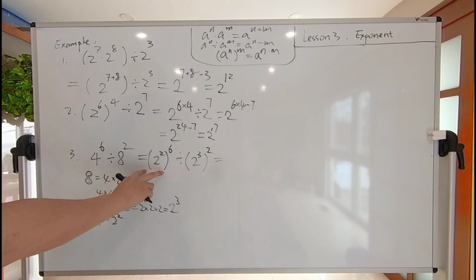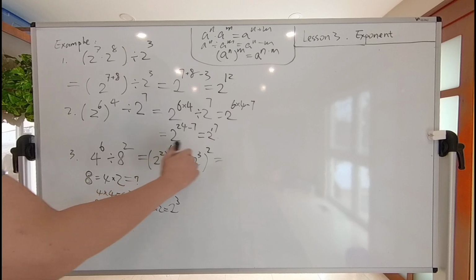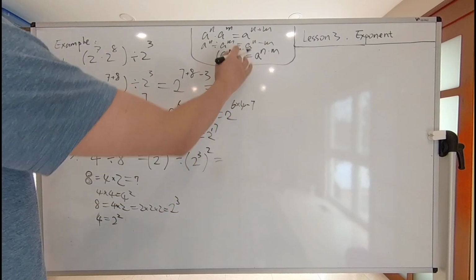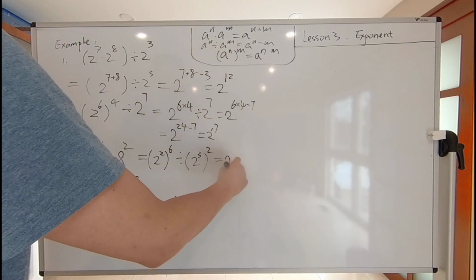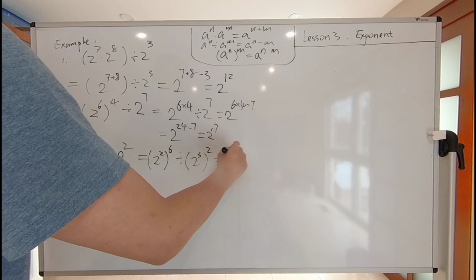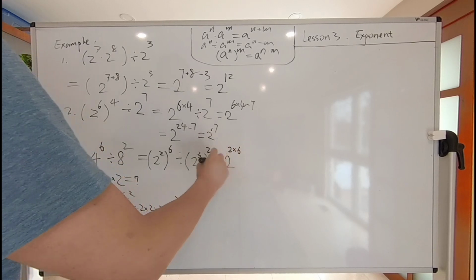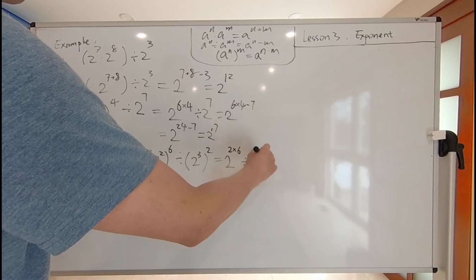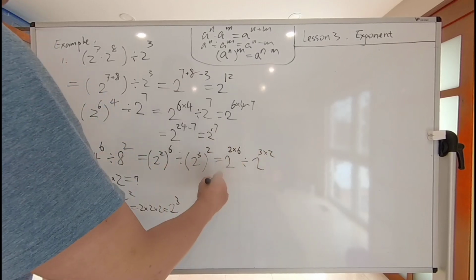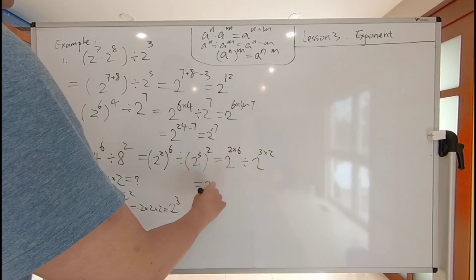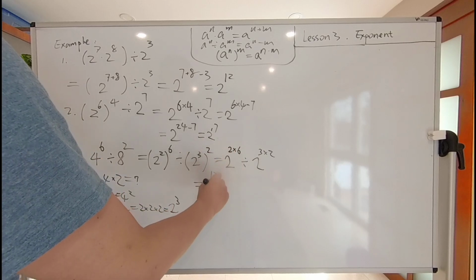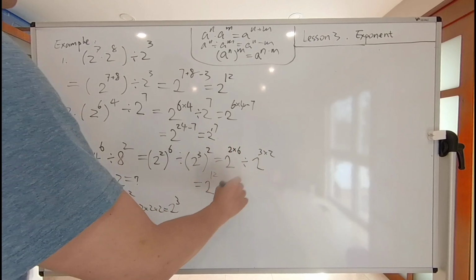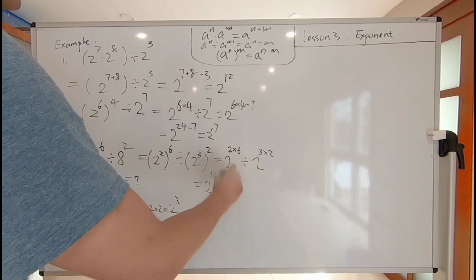This is power over power, so we can simplify this to be 2 to the power of 2 times 6, and this is the power of 3 times 2. This simplifies to 2 to the power of 12, and this to the power of 6.